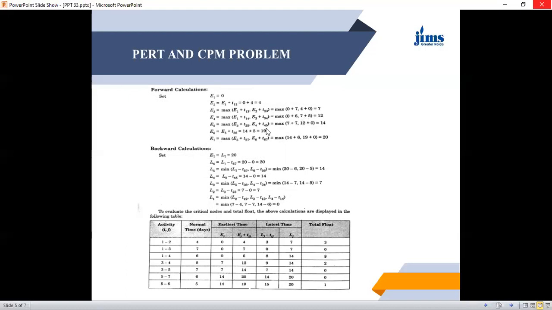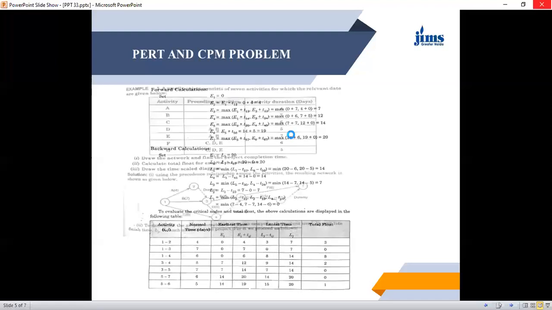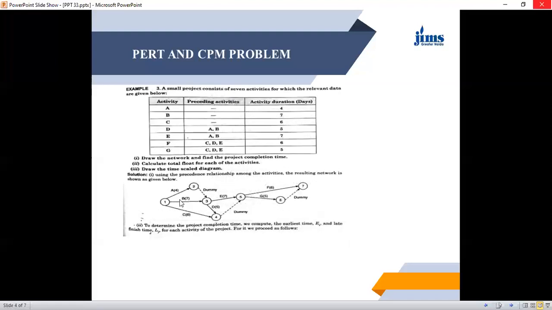So E4 is 7 plus 5, 12, and another is 6, so 12 days.